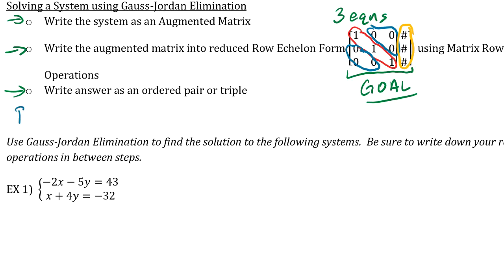Now just as a reminder, we have 3 different row operations that we can use, and it depends on if we're wanting a 0 or if we're wanting a 1. So if we're trying to make a 1, then the row operations we can use are either swap. Now I use caution for swap.